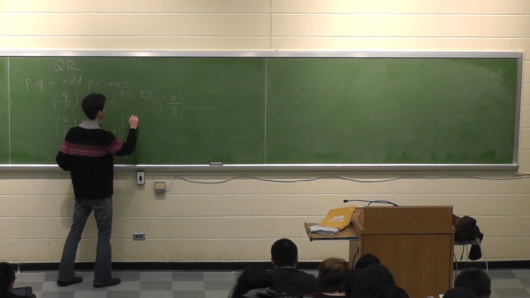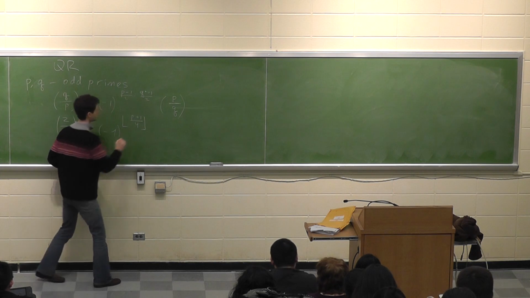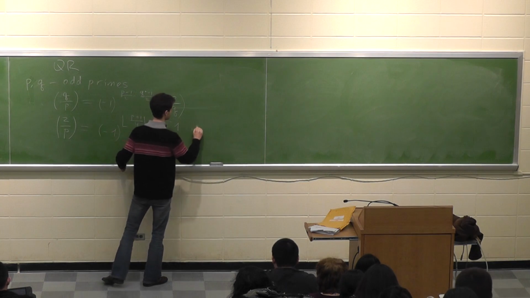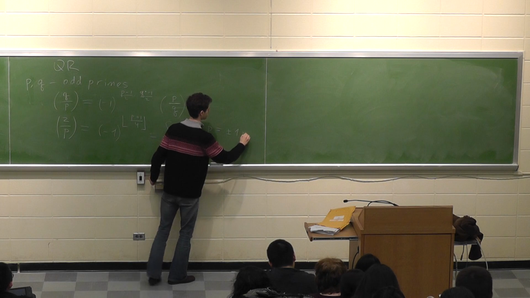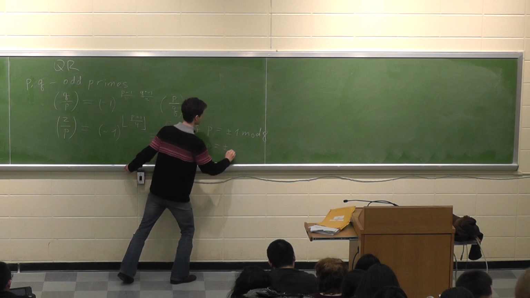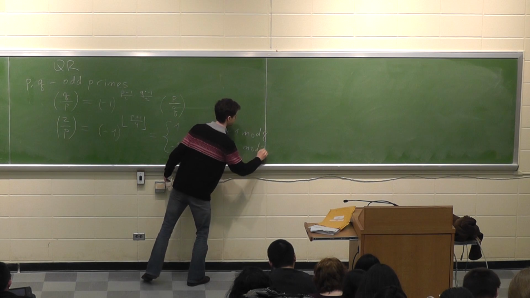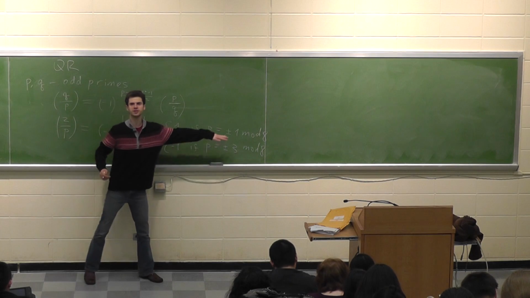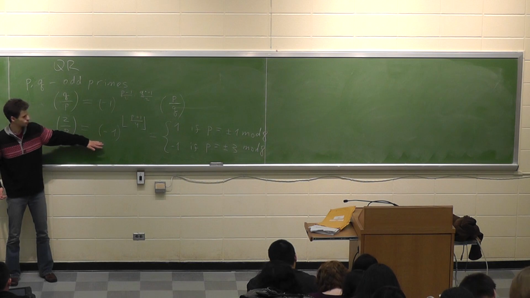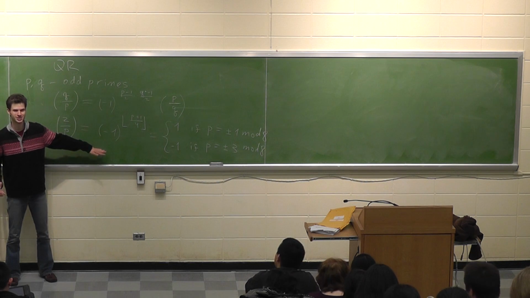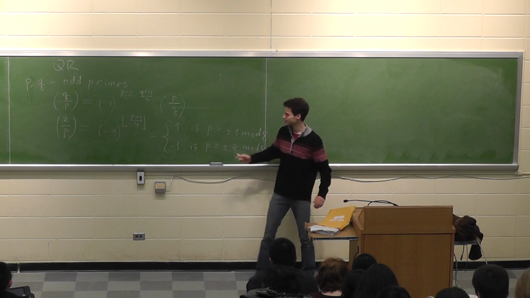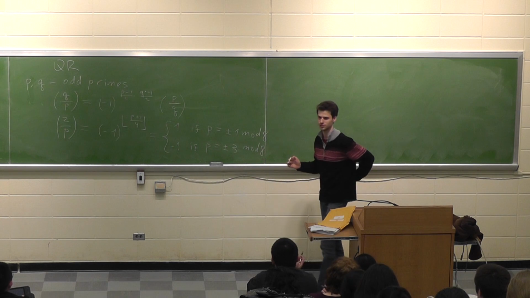It's (-1) to the power of the integer part of (p+1)/4. It's +1 if p is plus or minus 1 modulo 8, and it's -1 if p is plus or minus 3 modulo 8. So there is no mistake here. Last time I did make a mistake here. Well, the formula that I wrote turns out it still works, but I didn't derive it correctly. So this formula is what we should have derived last time.